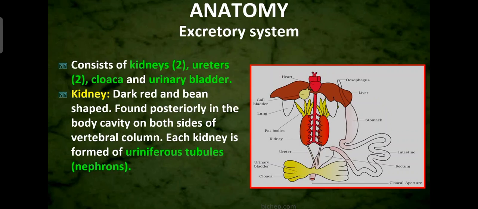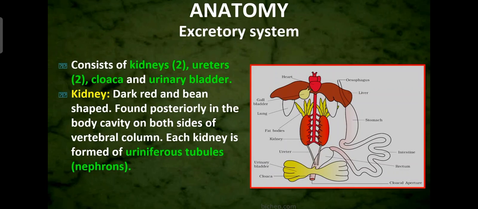So first we will start with the excretory system of the frog. In the diagram you can see the excretory system. It consists of two kidneys. You can see in the middle, in red color, a pair of kidneys is present. Then there are two ureters. From each kidney one tube-like structure is coming, that is the ureter.